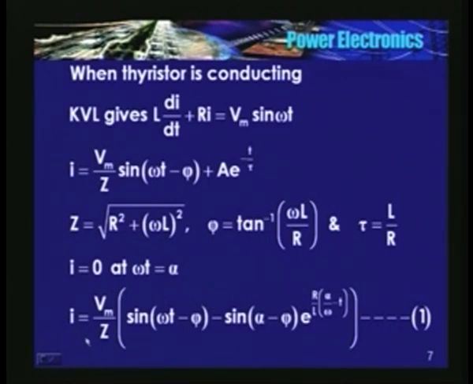So if trigger angle alpha is equal to the power factor angle, current is sinusoidal, lags the input voltage by an angle phi, which is equal to the power factor angle.